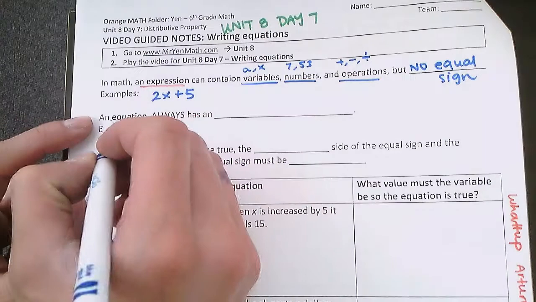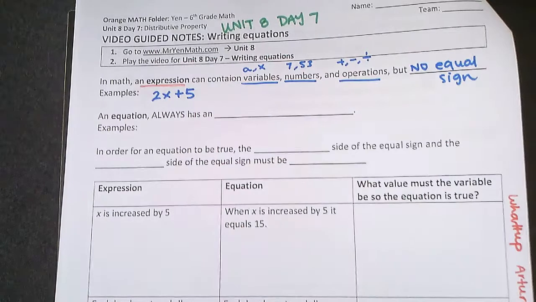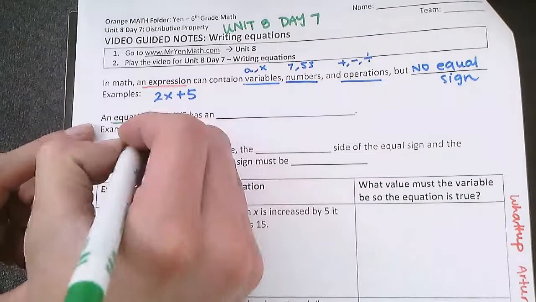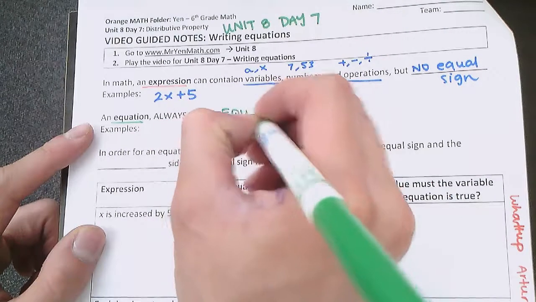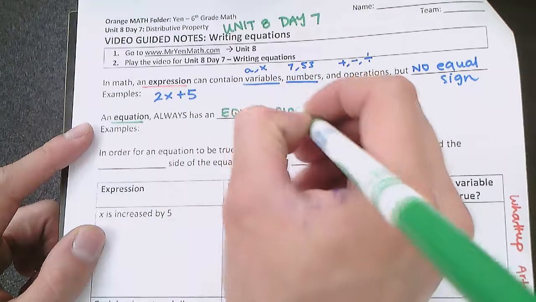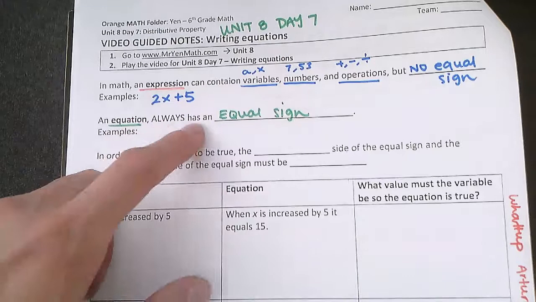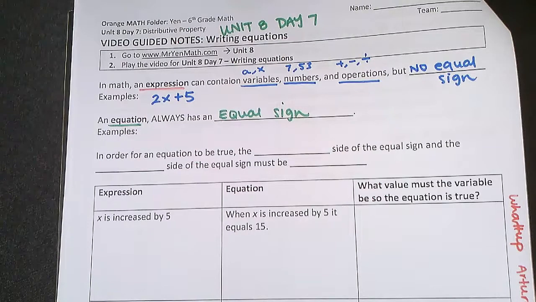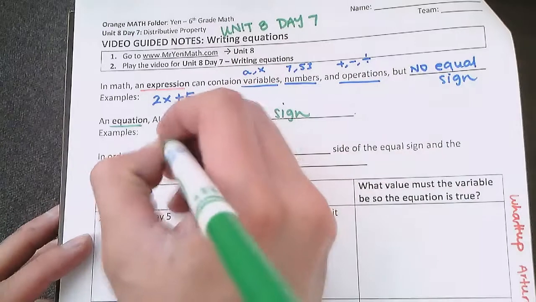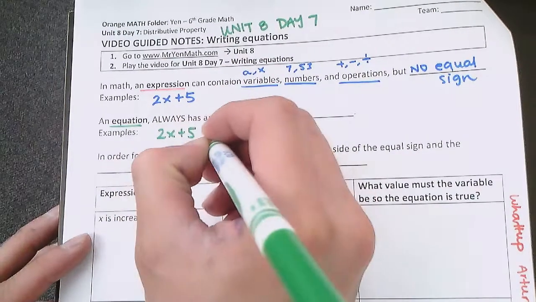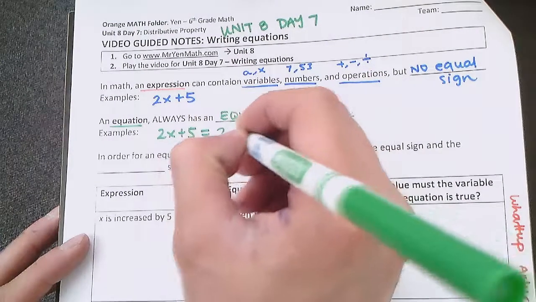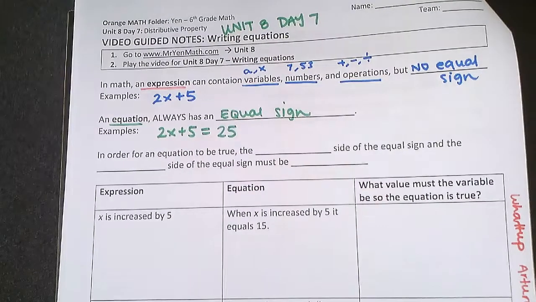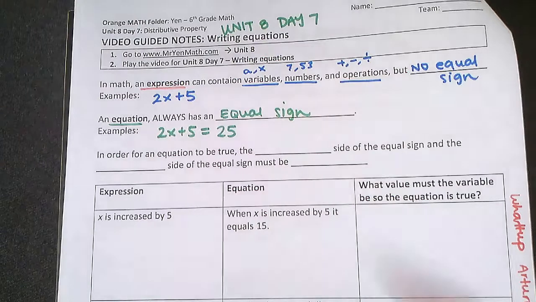An equation, on the other hand, always has an equal sign. An example of an equation is something like 2x plus 5 equals 25. That's an example of an equation.